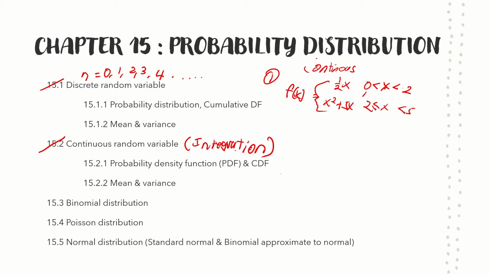Oh my god, I think now your heart is sinking. Oh my god, I already gave up SEM2. Oh, don't worry, because this integration is just simple integration only. It will be like that.